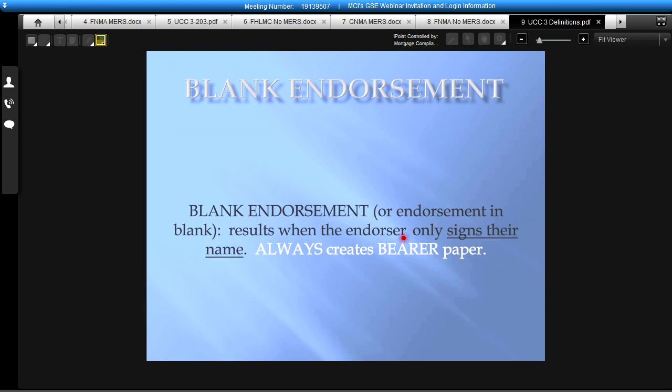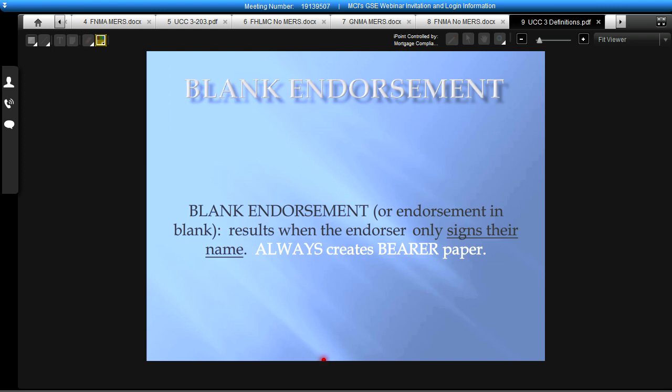This always creates bearer paper. Now, contrary to what the banks say, Article 3 says blank endorsement results when the endorser signs their name. That is what a blank endorsement is. It is not the bank's interpretation of their definition.